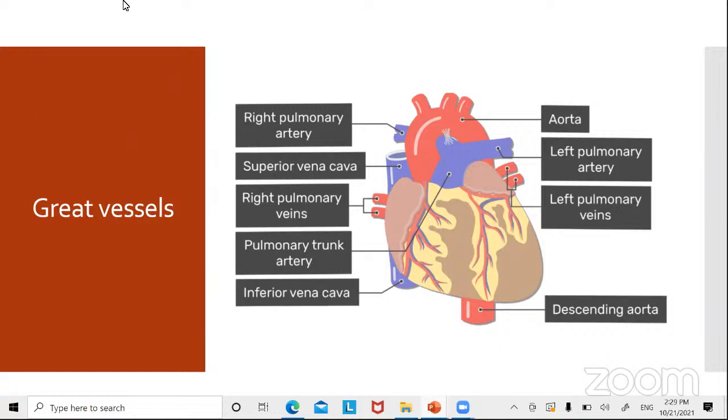They help to transport blood to and from the heart. There are 5 great vessels which enter and leave the heart: the aorta, the pulmonary arteries, the pulmonary veins, and the superior and inferior vena cava.